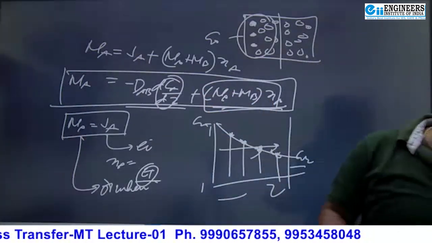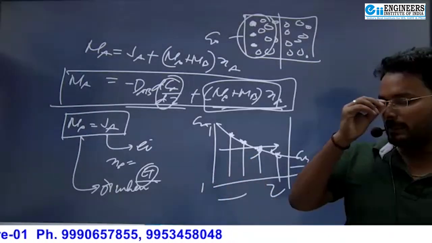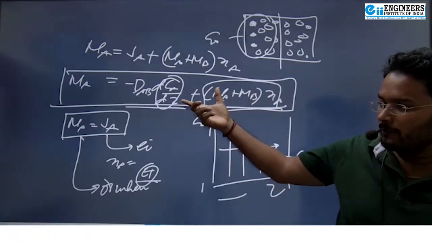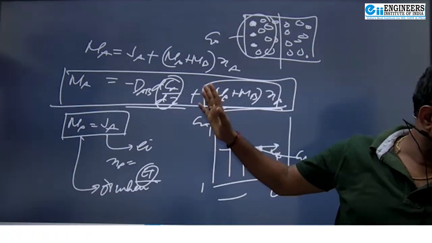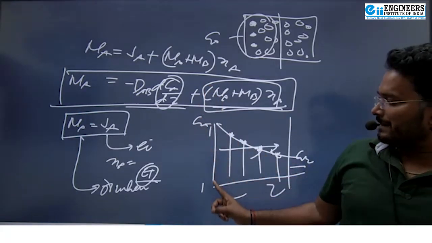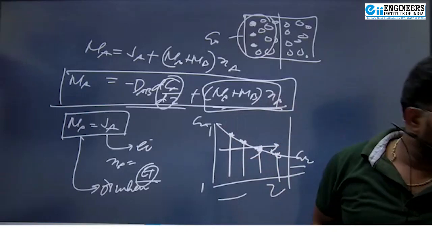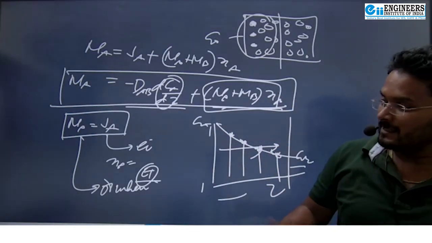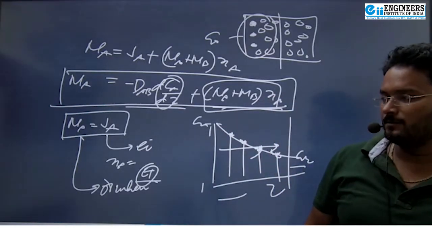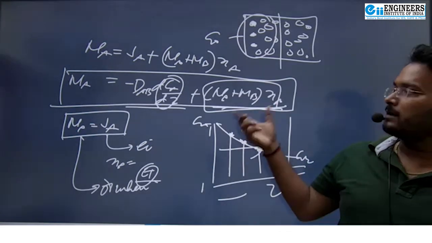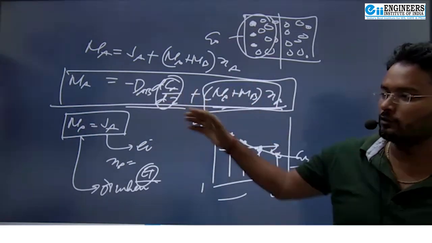Try to understand what I am saying. Whatever I told you about the bulk flow contribution, it means at one point dC_A upon dZ is very high, and it varies with location. Yes, excellent. The contribution of bulk flow and molecular flux is going to change.